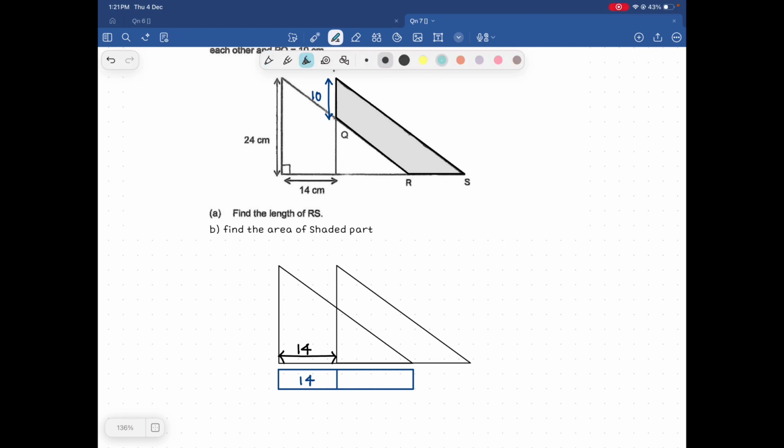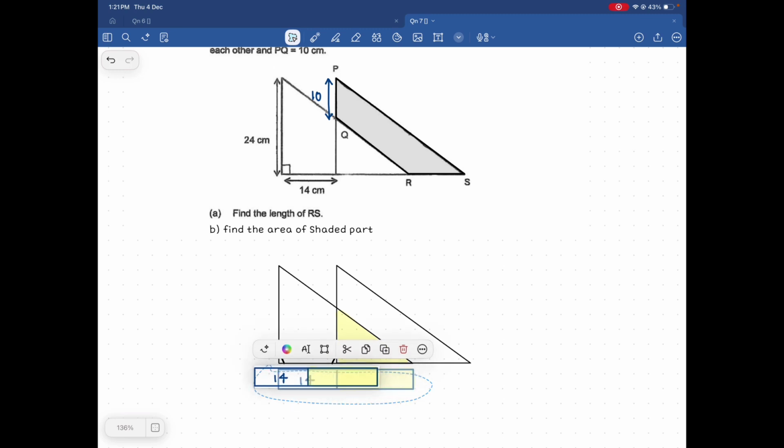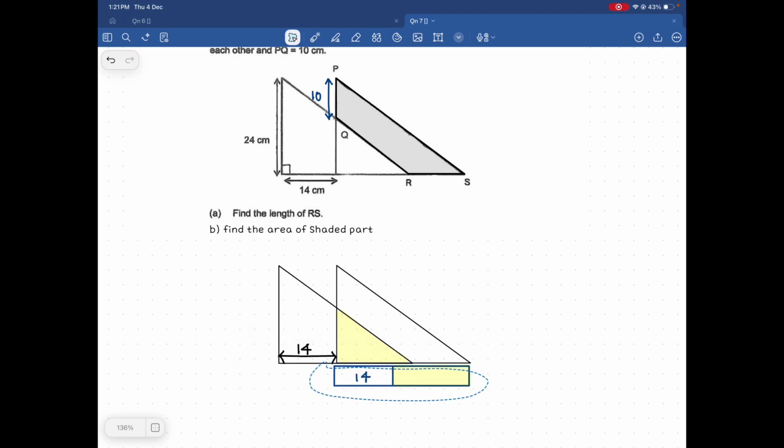And I'm going to color this part that's overlapped yellow. Now this rectangle also represents the base of the other rectangle. They should be exactly the same size. But you see, if I move this rectangle over, the yellow part gets shifted.